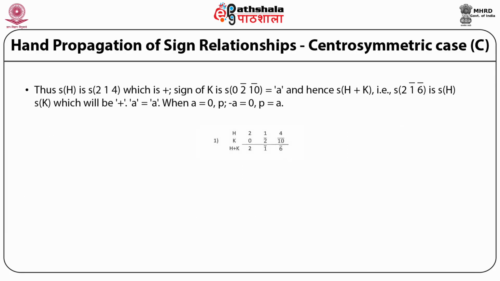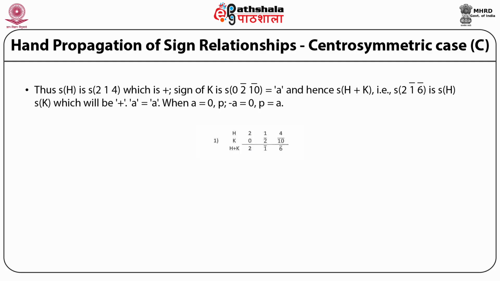Thus the H reflection has a sign plus, the K reflection has a sign A, which can be positive or negative, because of which when you add these two reflections, the H plus K reflection, which is nothing but the reflection 2, 1 bar, 6 bar, will have its sign as plus times A, which is equal to A.